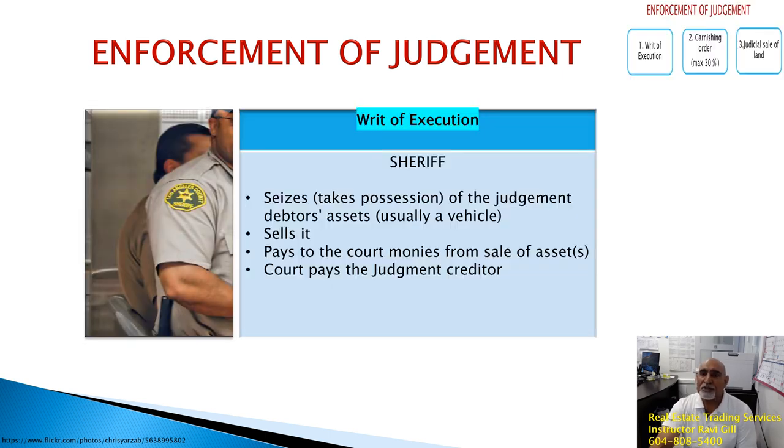Okay, so if it's going to be the first one, what the first one means is that the order will be given to the judgment creditor to take the order to the sheriff.